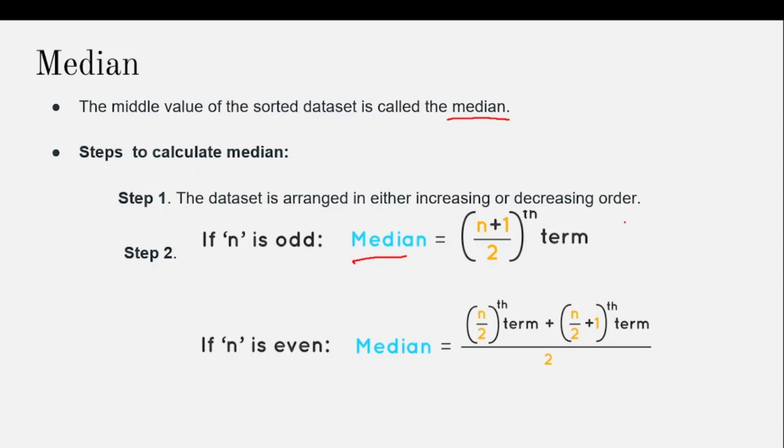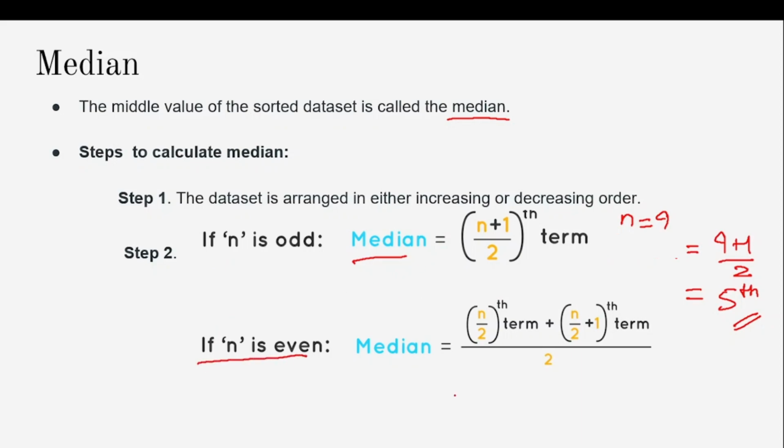Let us say I have 9 elements, that is n equals 9. Using the formula, my median will be the (9 plus 1) by 2th term, which is the 5th term in the distribution of 9 elements, which is the middle term. So if n is odd, median will be the middle element in a sorted data set.